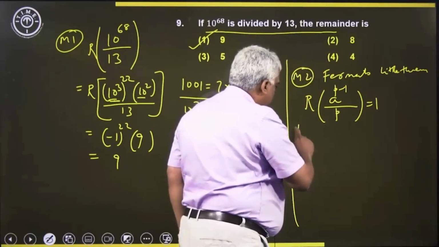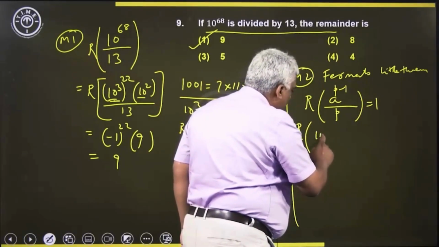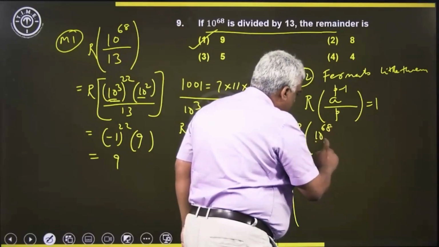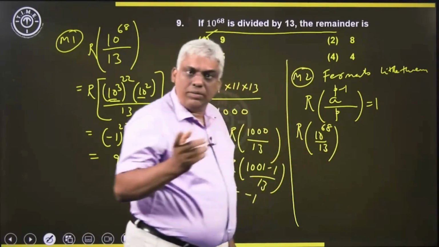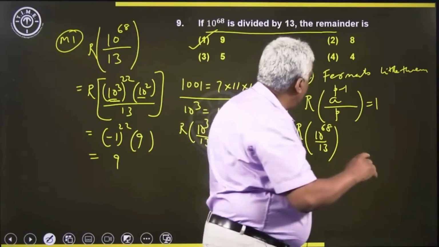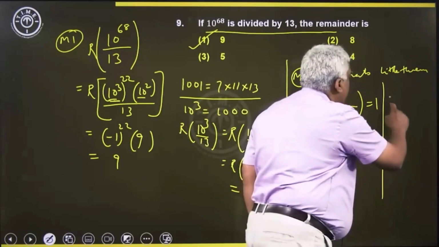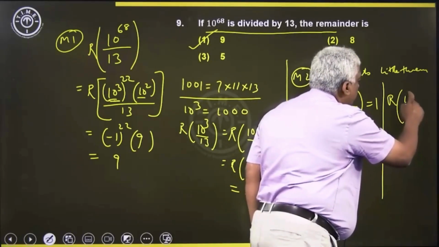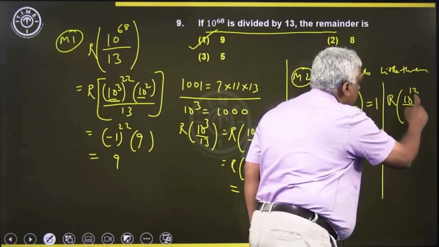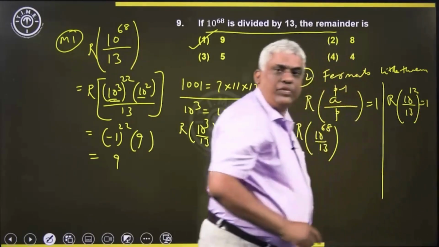So, by applying this logic, 10 to the power 68 by 13, we have to find the remainder. We know that 10 to the power 12 divided by 13 will give us a remainder of 1, right.